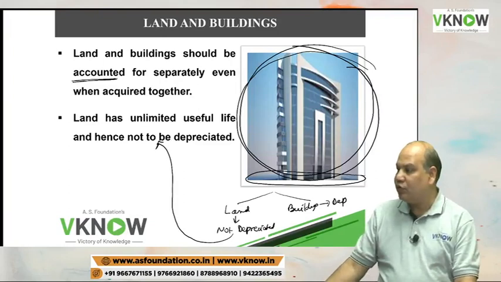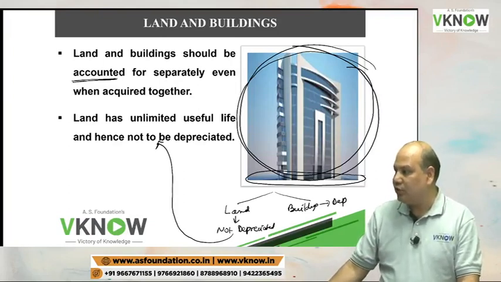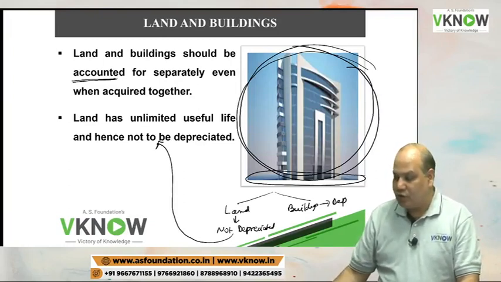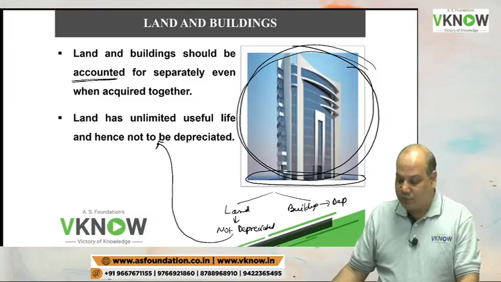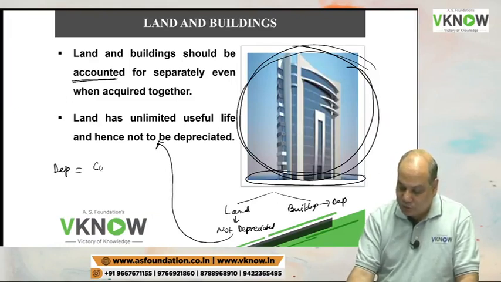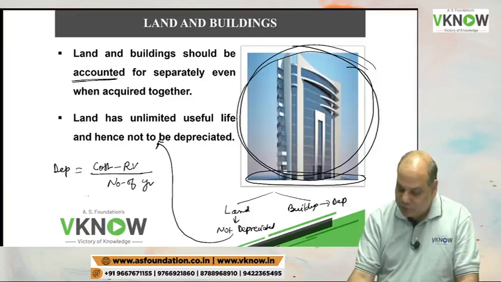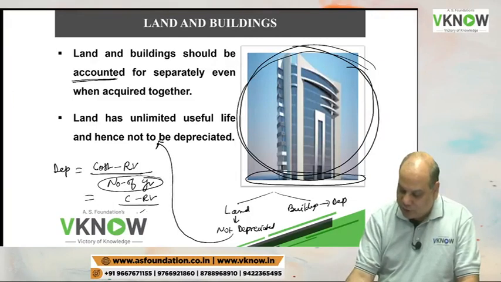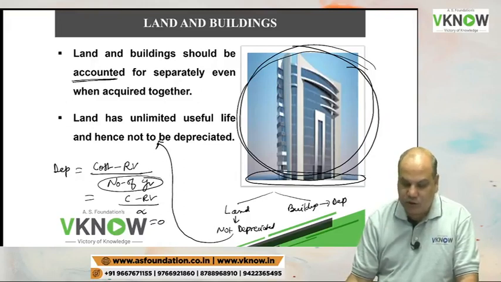Because land has got unlimited useful life. So if it is unlimited useful life, the formula for depreciation will give you zero answer. Cost minus residual value divided by n, number of years. But if number of years is infinite, cost minus residual value divided by infinity, the answer is zero.